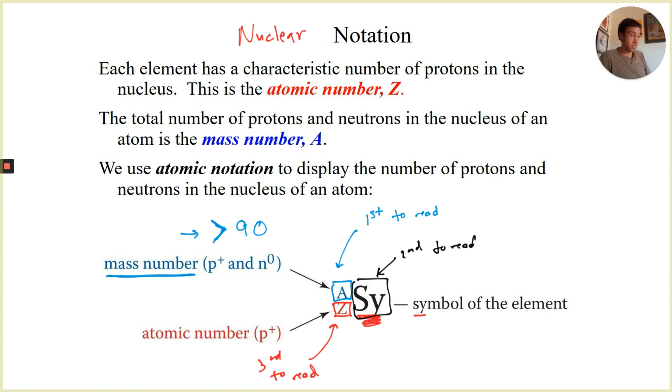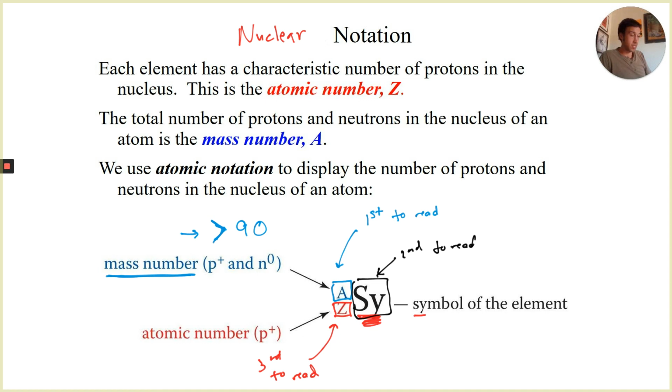So what we want to be able to do is see that information first. The first thing I'm going to encounter is going to trigger the question: is that radioactive or not? That radioactivity is our mass number. It's very important to see that, so we start with that. And that's our protons plus our neutrons.